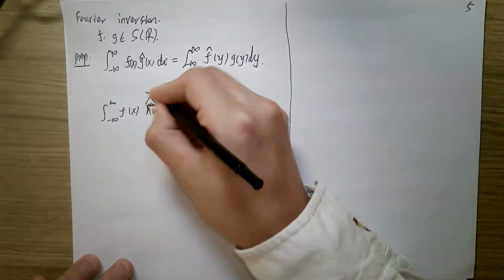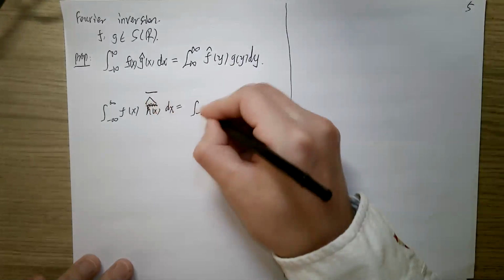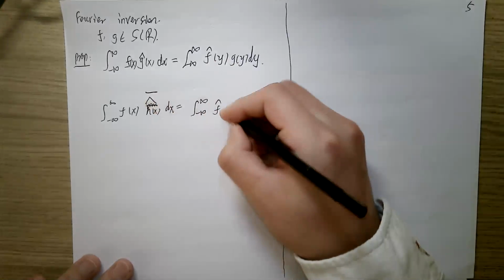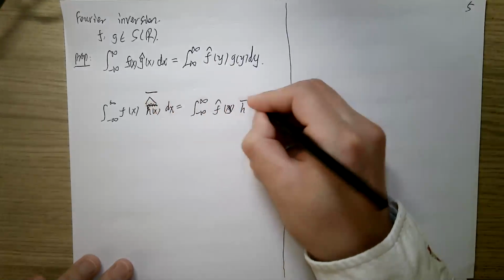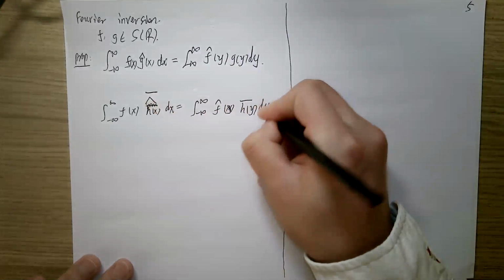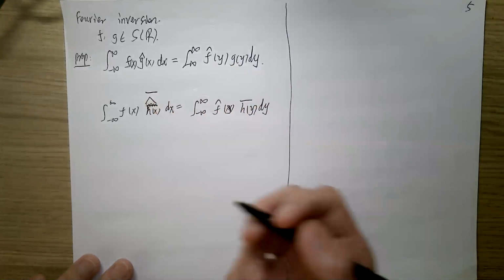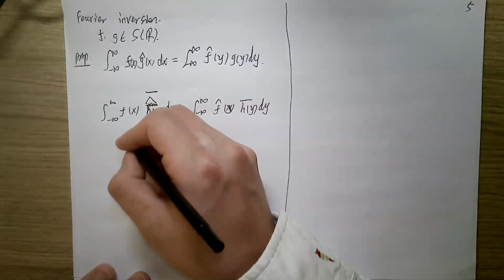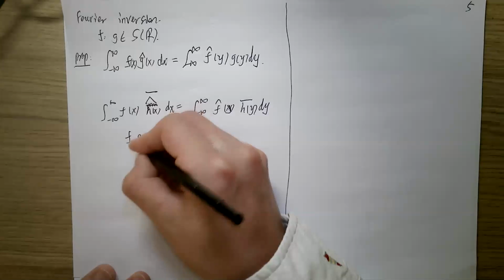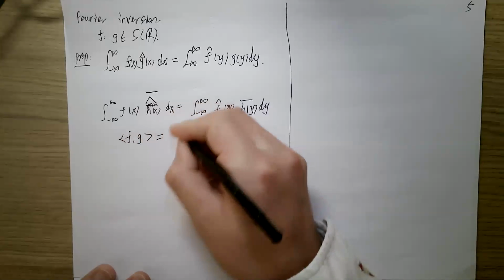So it's f hat(y) times h bar of y. Or you can define the inner product of two functions, non-periodic functions, in this way.